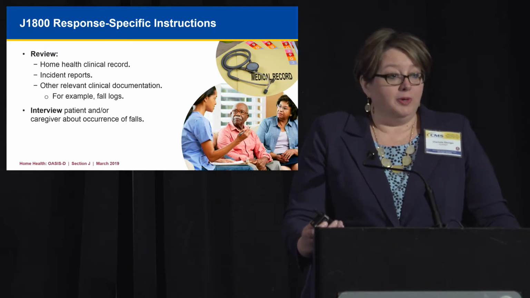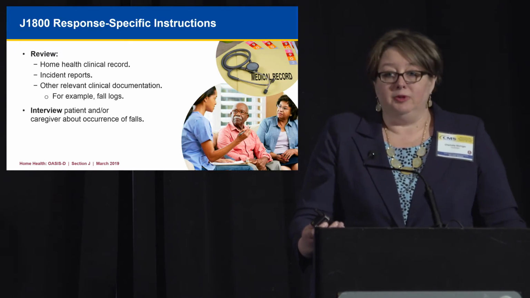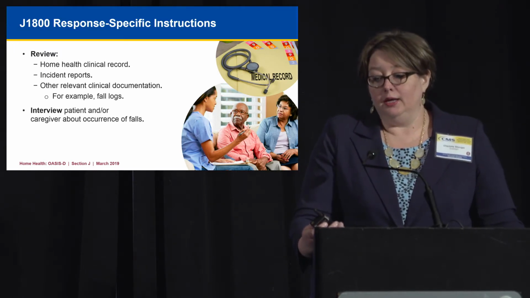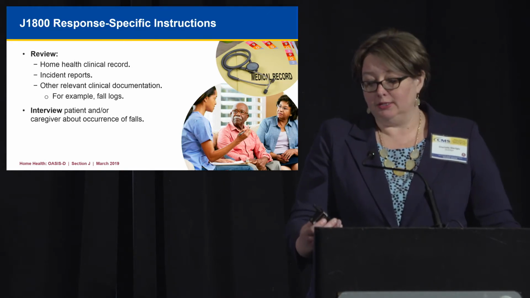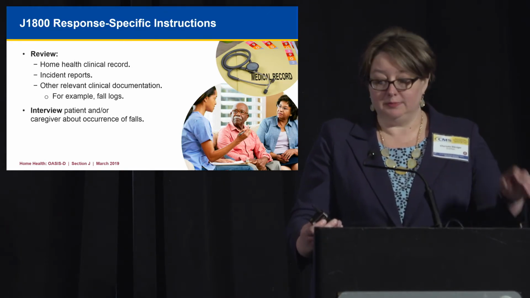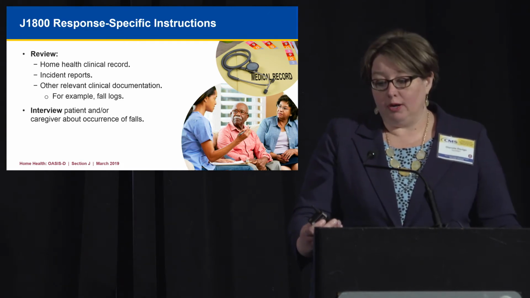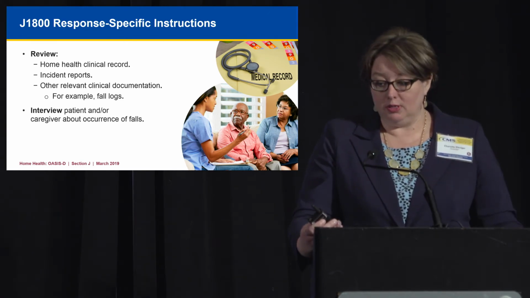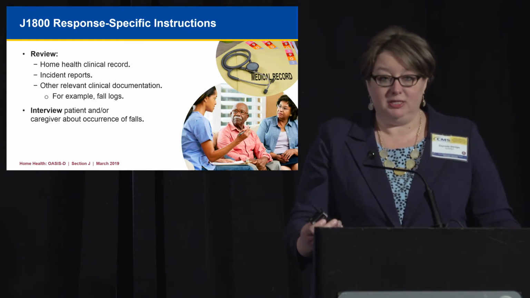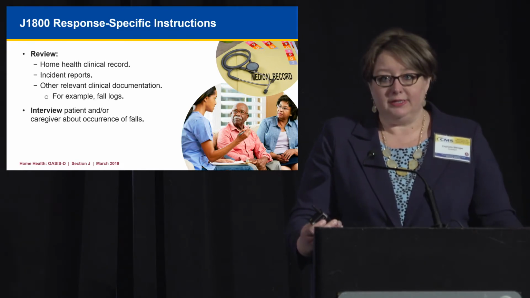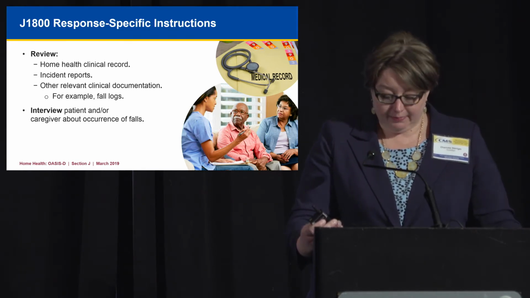So I think it's important always to go back to the OASIS guidance when we're looking at these new measures. This is taken right out of that guidance, the response-specific instructions. Remember, we're going to review the home health clinical record, incident reports, and other relevant clinical documentation. An example of that is like a fall log, right?